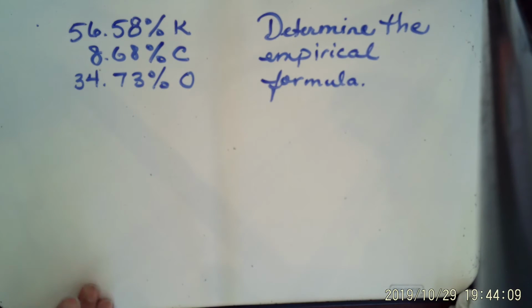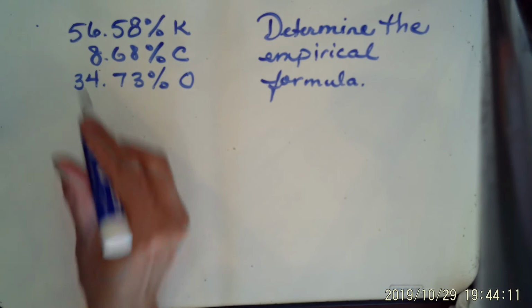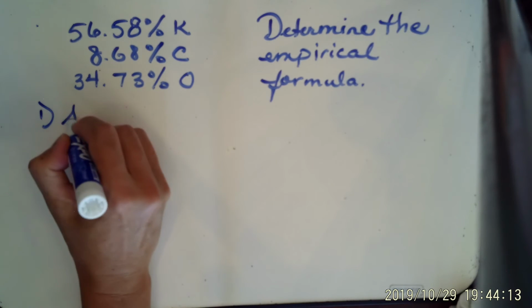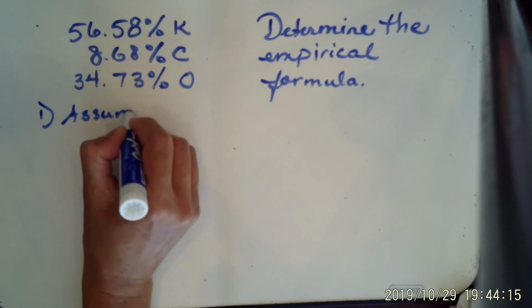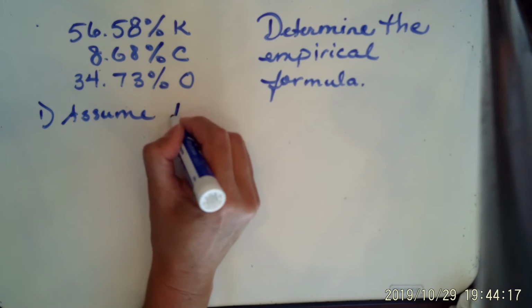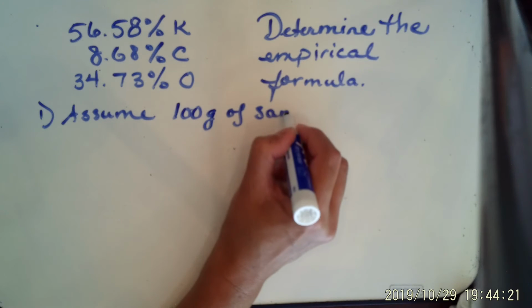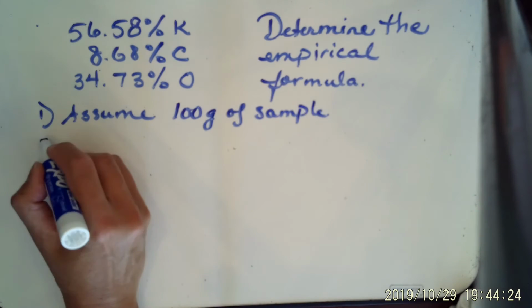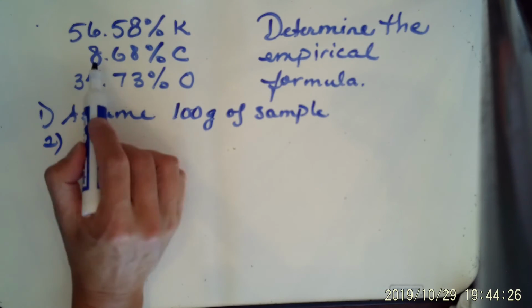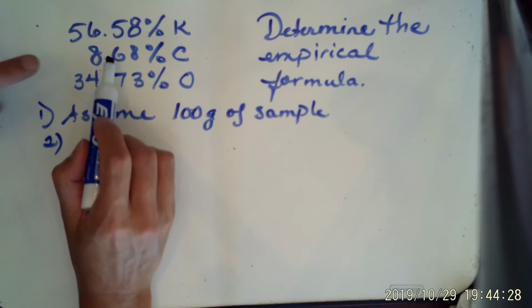Step 1: if we assume exactly 100 grams of sample, then when we convert our percents to masses, these numbers don't change.